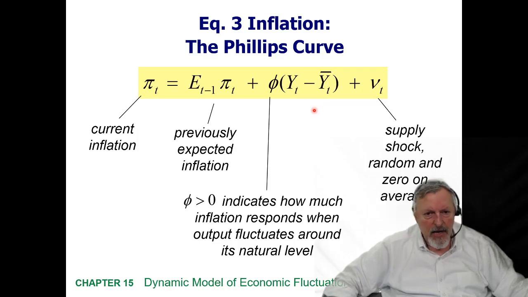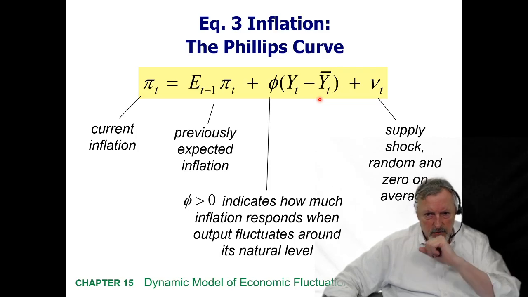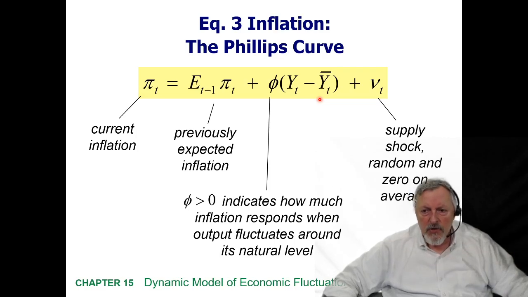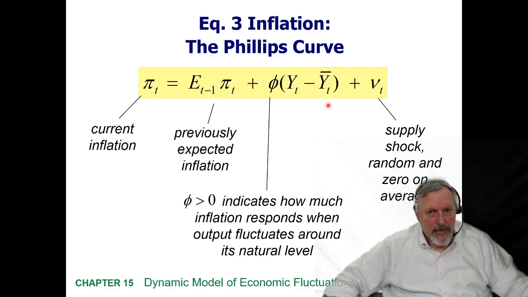And this term, the output gap. This is the difference between current output and the natural level of output. When output is above its natural level, firms are experiencing rising marginal costs, so they raise prices faster. Think of it in terms of labor. If the economy is producing much more than its natural level, you would expect the labor market to be unusually tight, and thus wages might rise more than typical, which would contribute to current inflation.